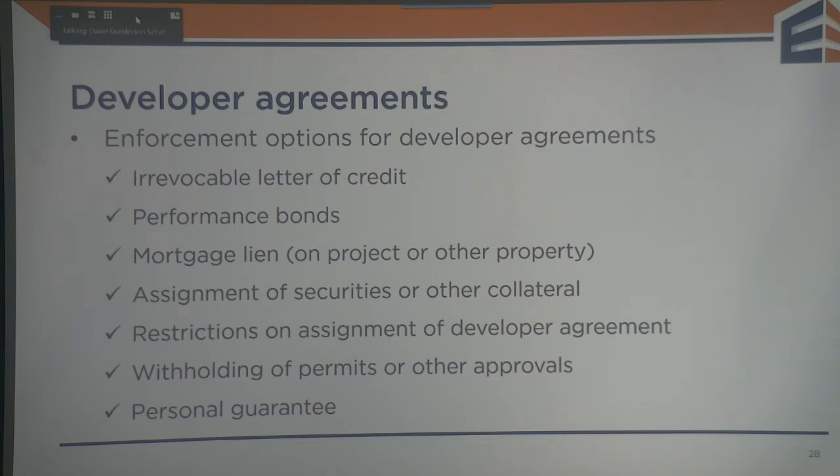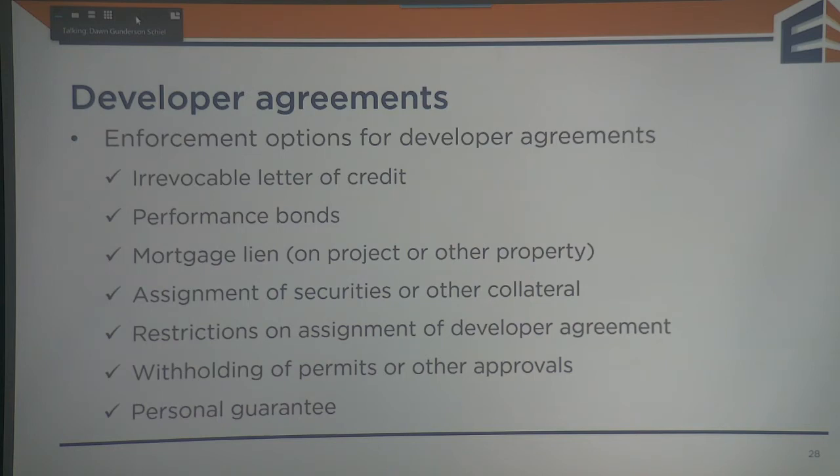Performance bonds, mortgage liens, either on the property that's being developed or other properties, so if there is a default, you have something to fall back on. Assignment of securities or other collateral, restrictions on assignment of the developer's agreement, so you can restrict whether they can assign this agreement off to somebody else or to a purchaser of the property.